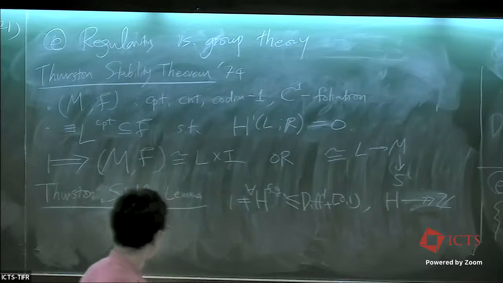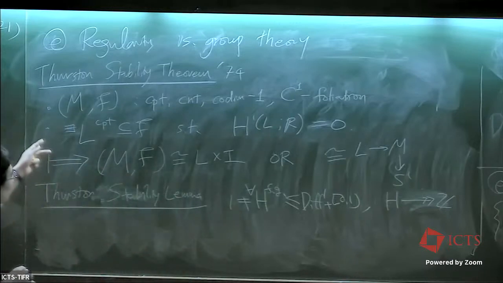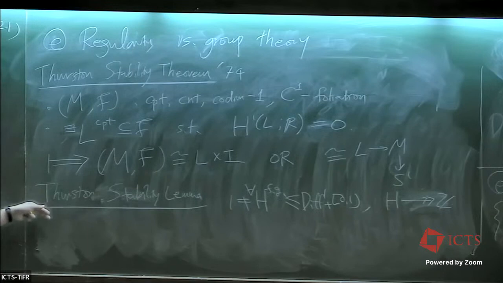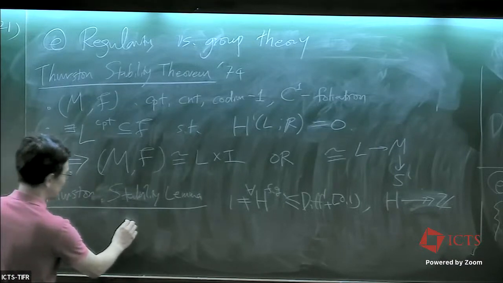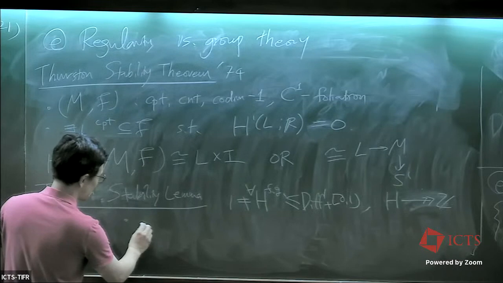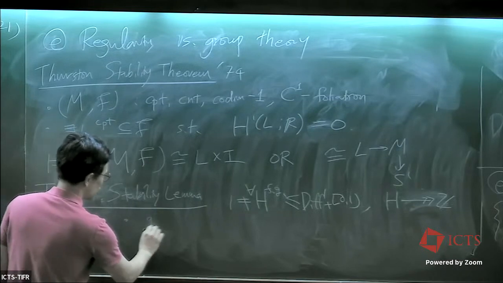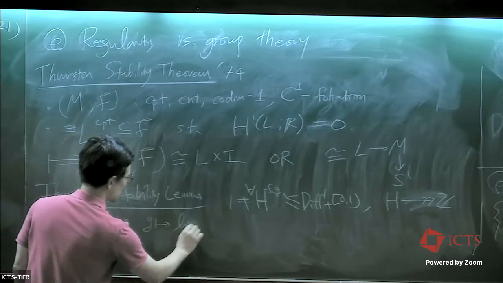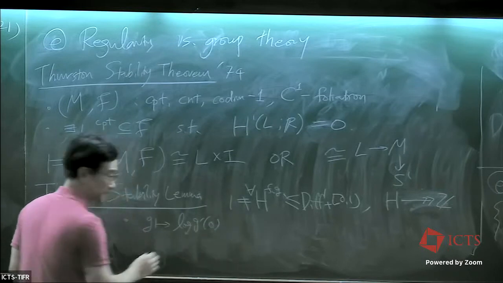Oh, you mean the proof of the Thurston stability lemma? Right, yes, something like that. The easy case is the first trial: you just map G to log G prime of 0.